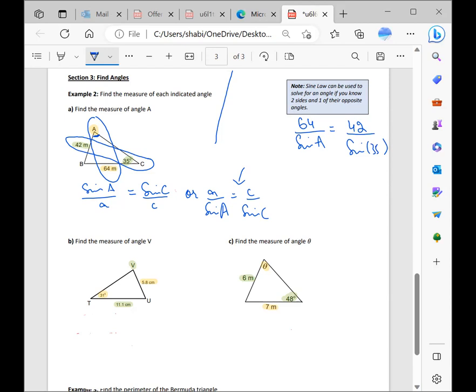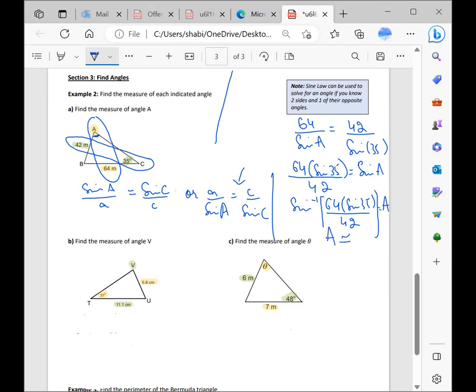Now, if I simply cross multiply it, it will become 64 sine 35 over 42 equals sine A. One thing is I can move this sine to the other side, and it will become sine inverse of 64 times sine 35 over 42 equals A. Now, if I solve it on my calculator, I will get 60.9.